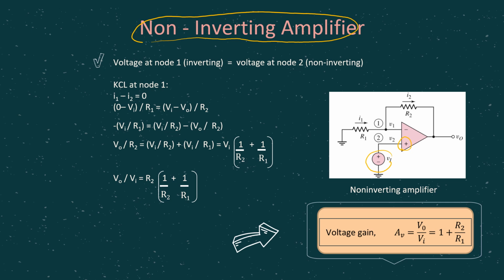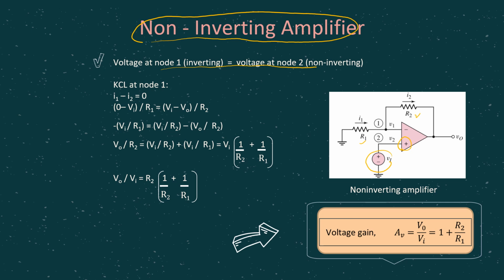So we have R1 and R2. The same two main characteristics remain, where V1 should always be equal to V2. In this case, V2 is equal to Vi, because node 2, the non-inverting terminal, is connected to Vi.